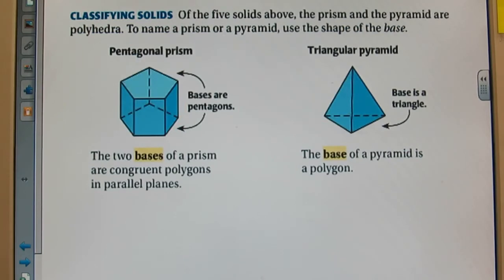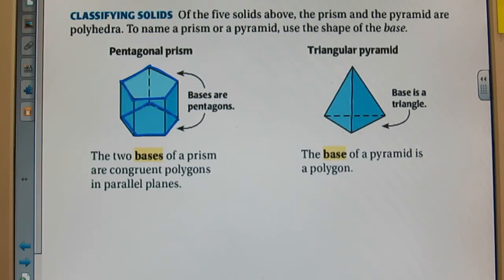When you classify a polyhedron, you always look at what its base is, and you name it by its base. On this one here is my base, and how I can tell what the bases are is that the bases are always parallel to each other, and the figures are congruent.